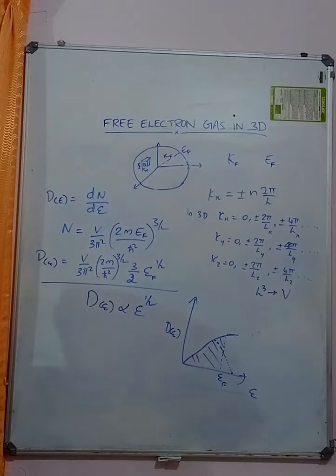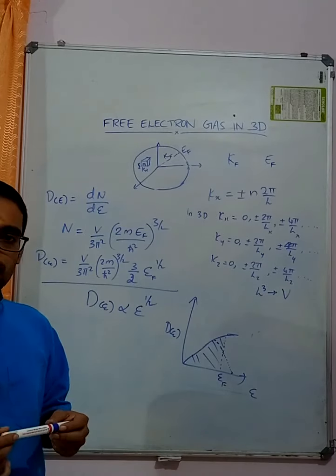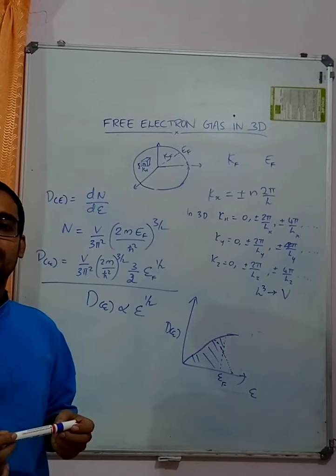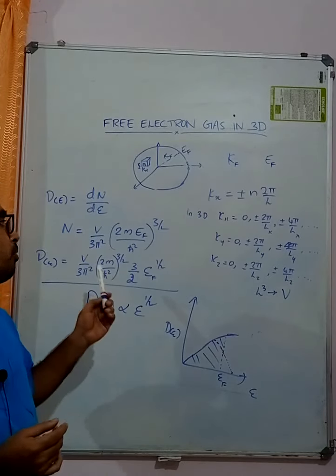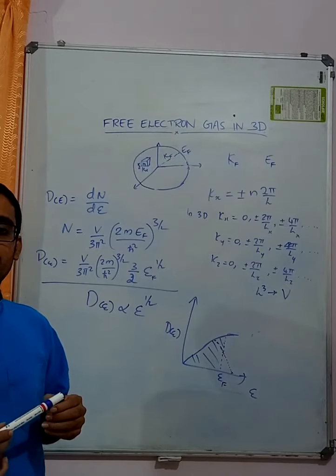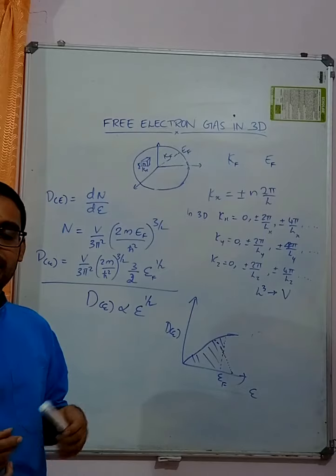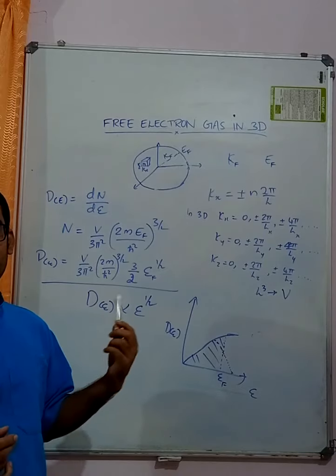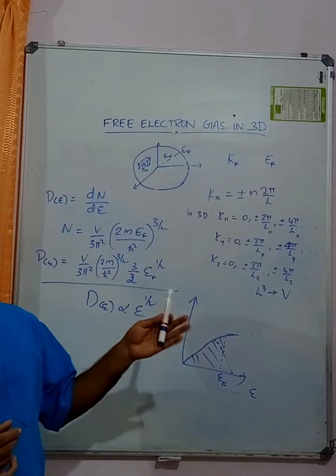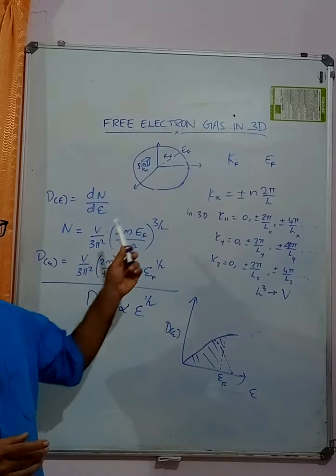In today's class, we considered electrons flowing in 3 dimensions. We considered the time independent Schrodinger equation, and we got the energy eigenvalues and the values of k, that is the wave vector in k space. We found that it is discrete. Then we considered the problem in k space, the momentum space, where the problem is equivalent to a sphere.